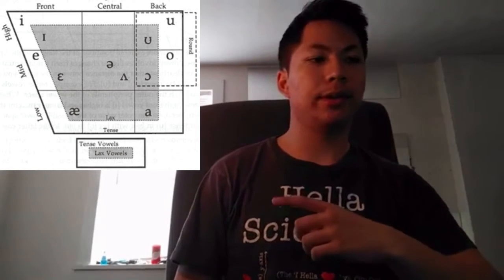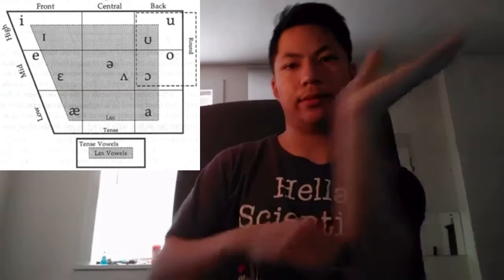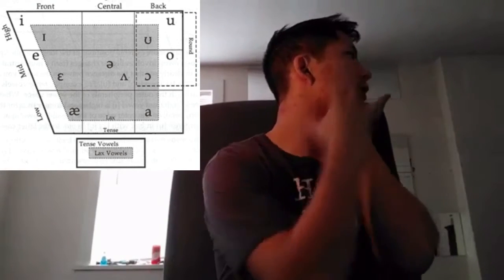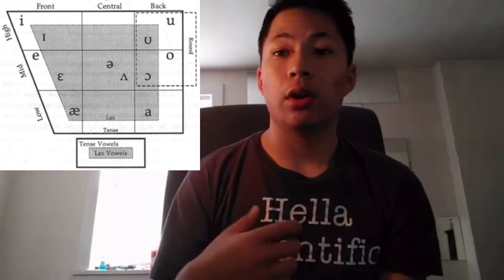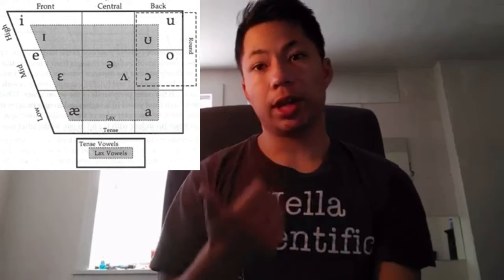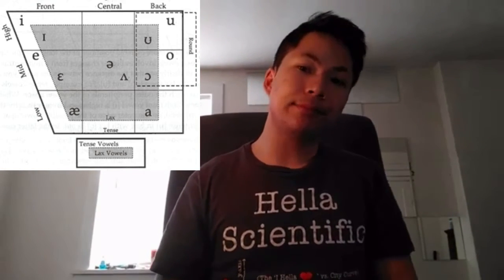The tip is the front of your mouth, and that shape kind of looks like your mouth. When you make vowels, your tongue moves to different places, and that's how they're articulated.